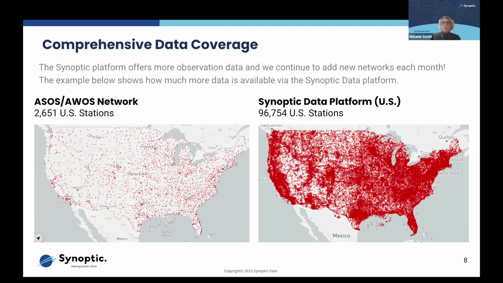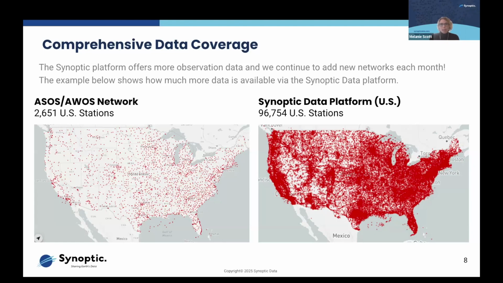So if you've never used Synoptic or heard of us or thought about data, this is a great visual, because on the left is just the ASOS and AWOS network. When I was a forecaster, that's kind of what we had to work with. It was sort of that sparse. We thought it was great at the time.